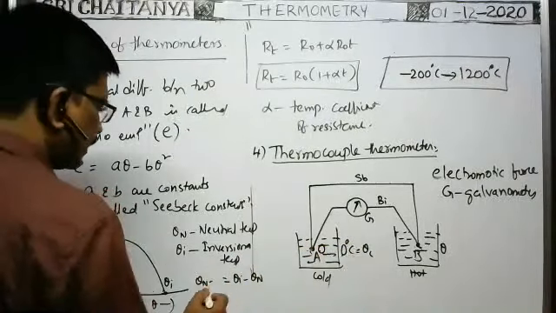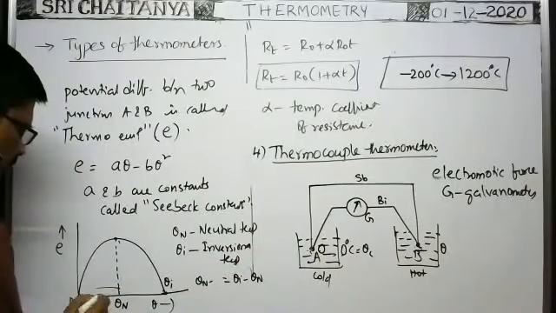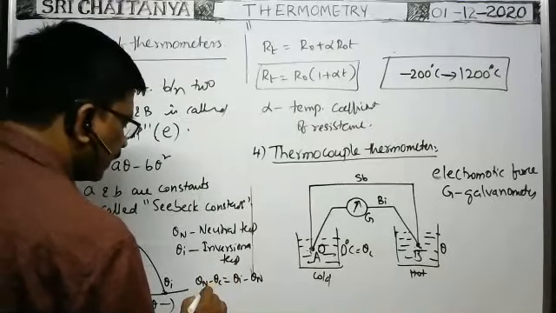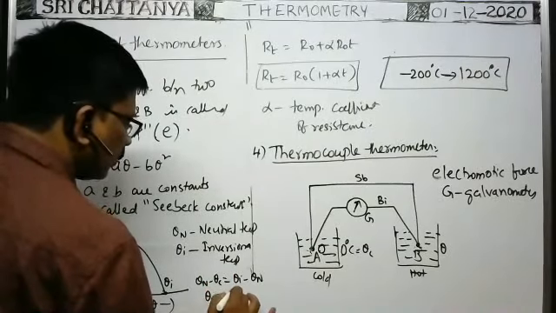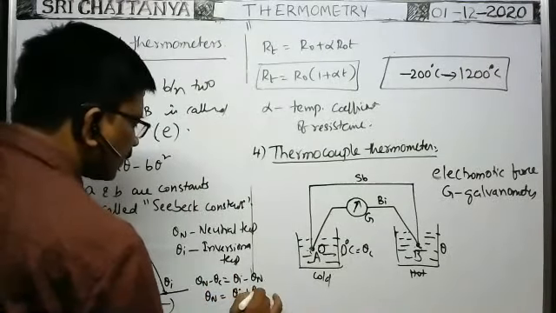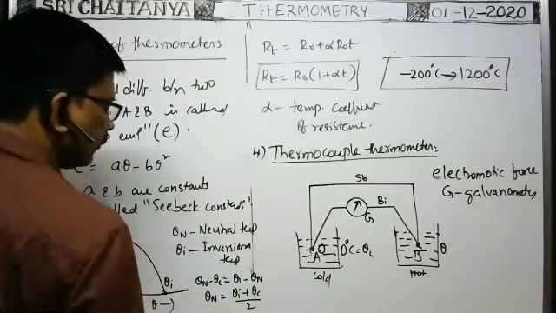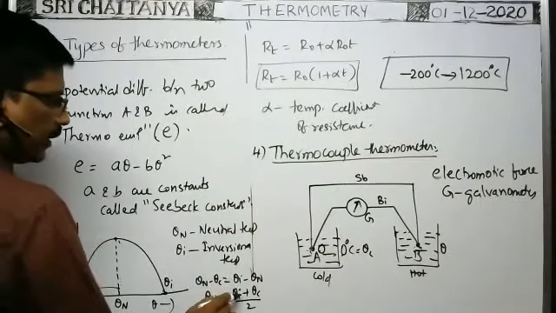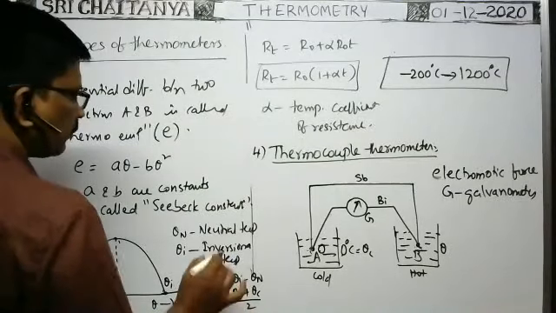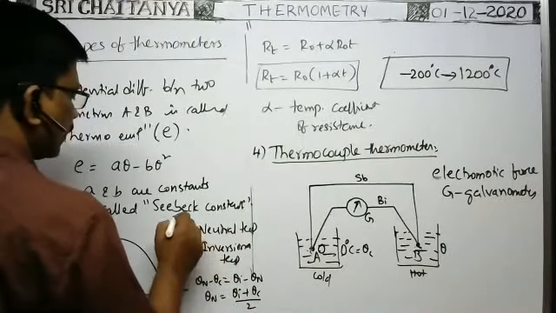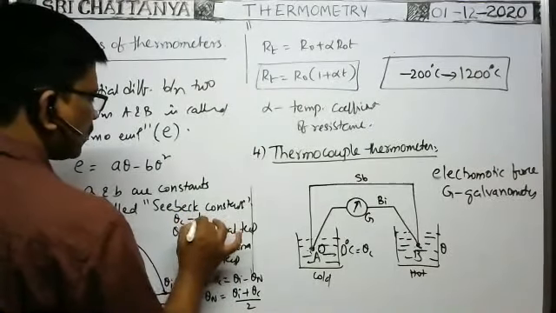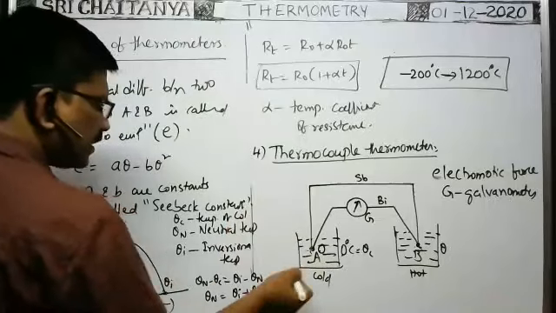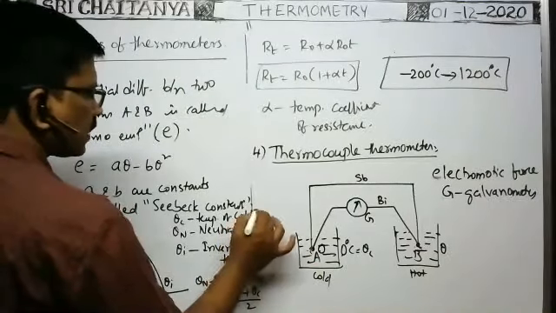In such a case, we write theta n minus theta C. So from this, theta n is equal to theta I plus theta C by 2. The neutral temperature is equal to the inversion temperature plus the temperature of the cold junction, divided by 2, where theta C is the temperature of the cold junction. If it is 0, you substitute 0.